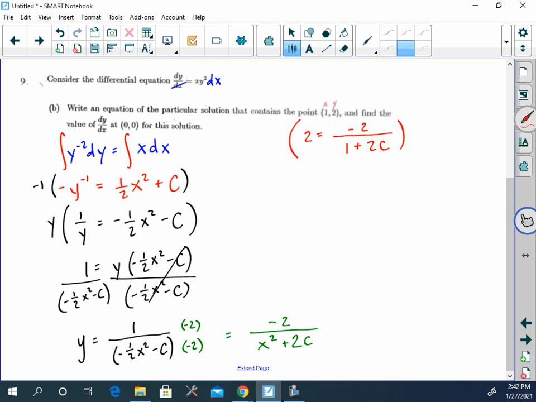Then I'd times both sides by that denominator, the 1 plus 2c. So this left side, if I distribute the 2 through, 2 plus 4c equals -2. And then I'm going to solve for c. And then divide by 4.